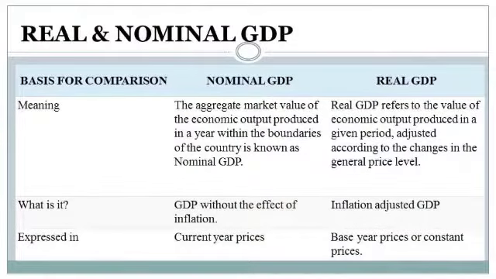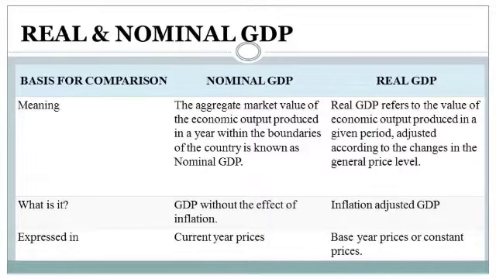Now, what we understood right now was about GDP, GNP and national income. Let's understand the basic difference between a real GDP and a nominal GDP. Now, a nominal GDP is basically an aggregate market value of all the economic goods and services which we have produced in the country. I'm just talking about the domestic goods and services.